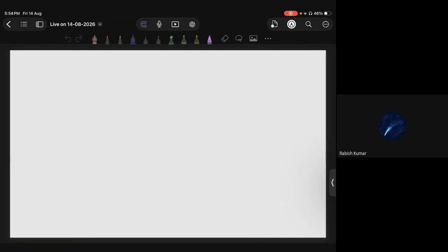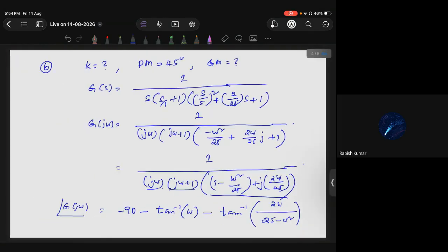We have the definitions of phase margin and gain margin. You can plot this first, since you have this equation. So using this equation, you can plot it.